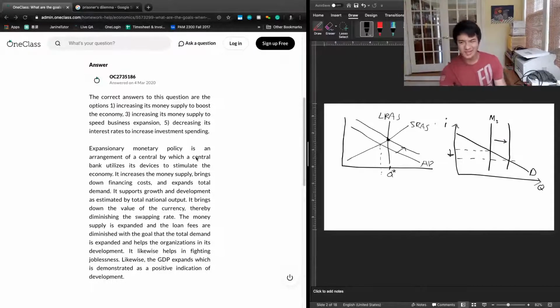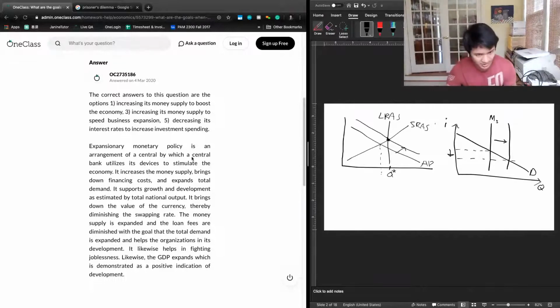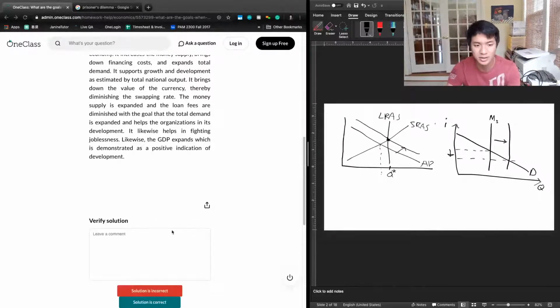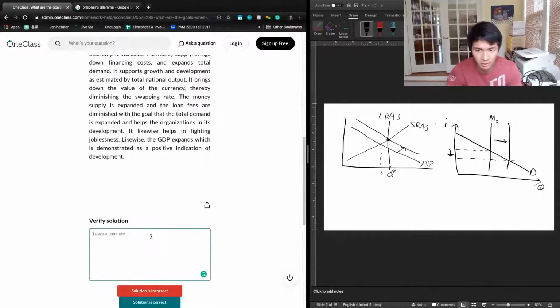I don't think there's anything specifically wrong with this explanation. I just think it's a little bit less clear than it could be. The thing we care about is expansionary monetary policy and what that means, right? Expansionary monetary policy means the Fed, the central bank, tries to manipulate the money supply in order to stimulate aggregate demand.